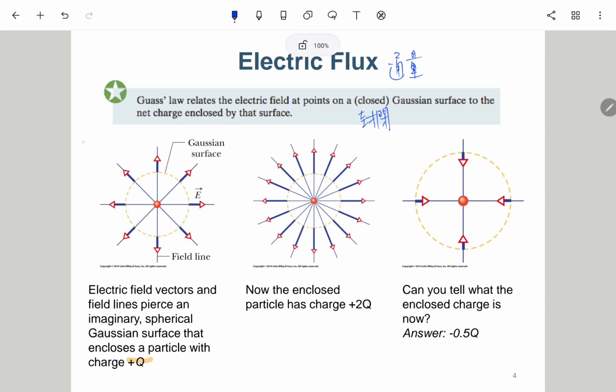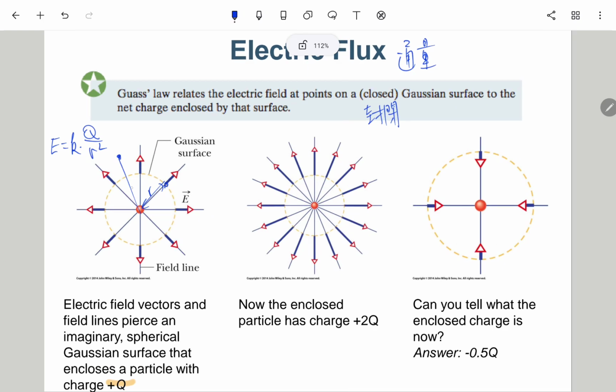You know that E will be k times Q over R squared, where R is the distance from this charge to the point we are concerned with. For example, here R will be this one, and if this point is here, R will be that one. We have learned it in the previous chapter, so there should be no problem here.